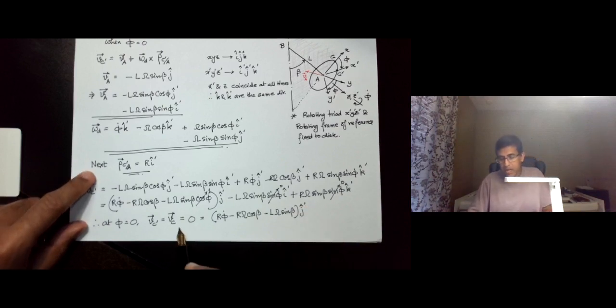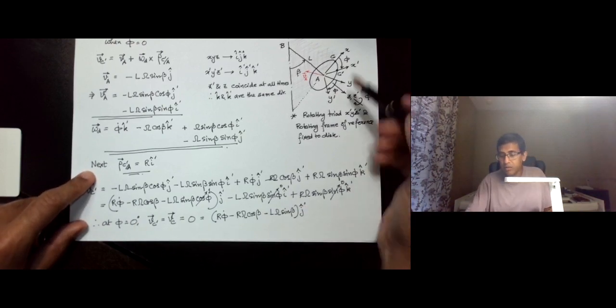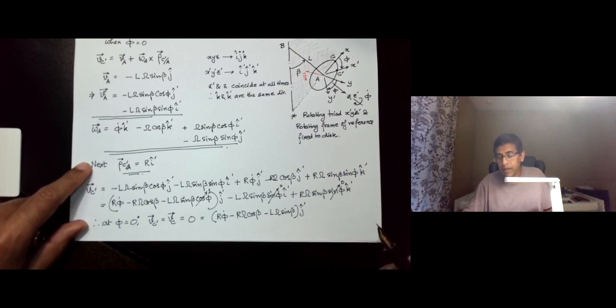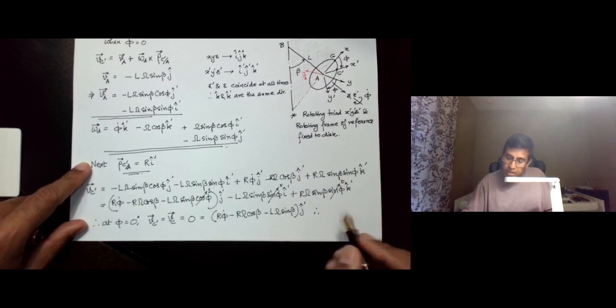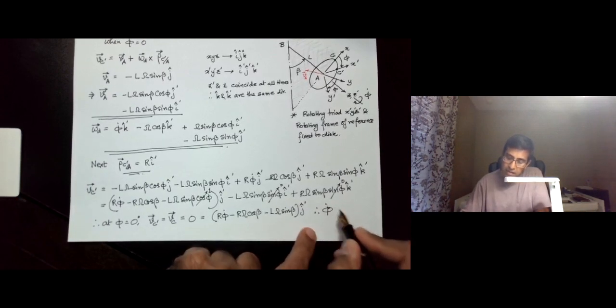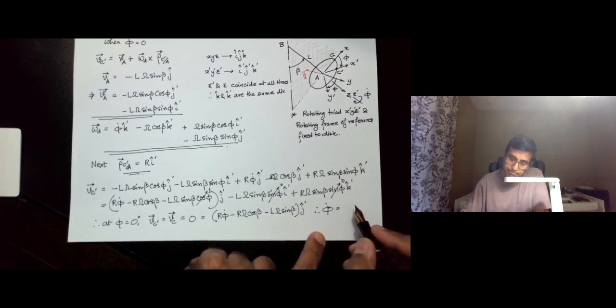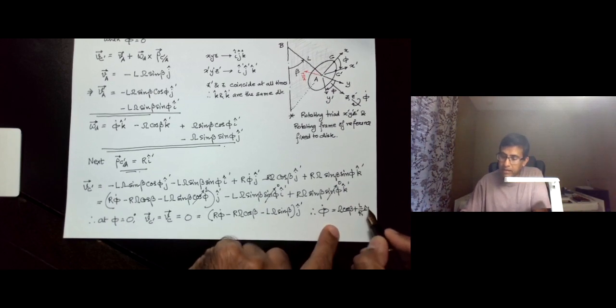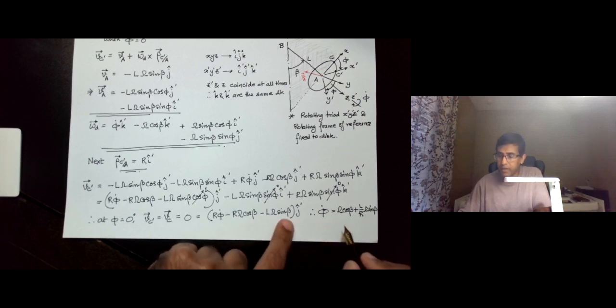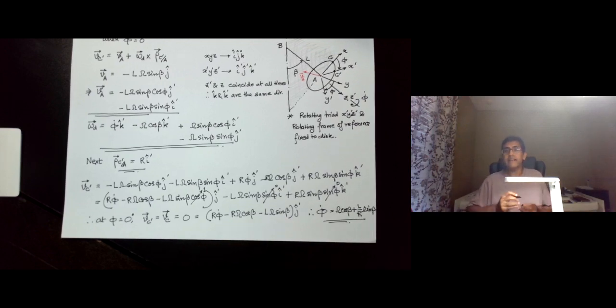And by the way, when phi is equal to 0 degrees, note that j prime becomes equal to j, right? So this is true. So therefore, from here we can say that phi dot is equal to omega cosine beta plus L over capital R omega sine beta. And you can verify that this is exactly what we had in the first and second approaches that we took to solve this problem.